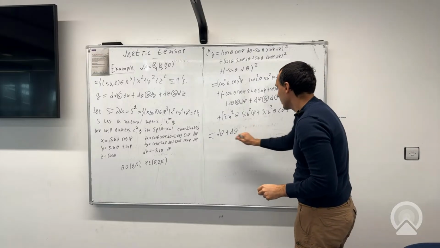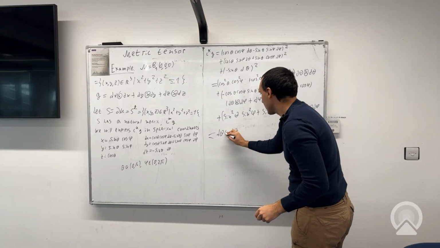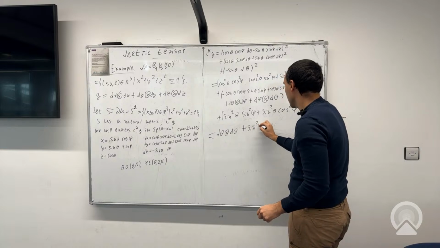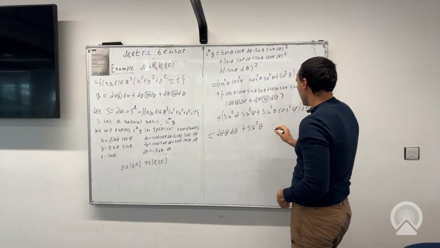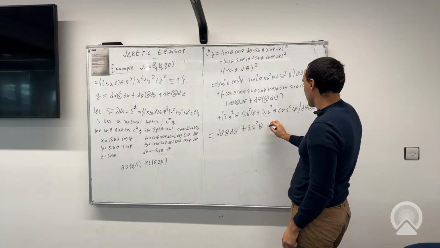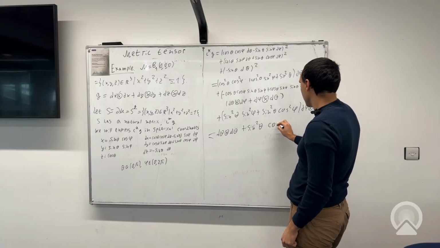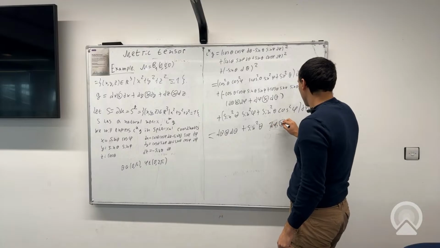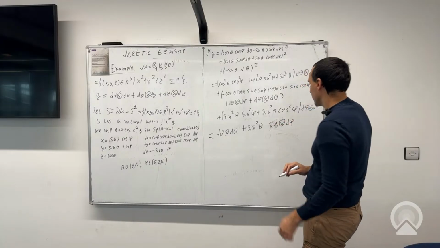So we have plus sine squared theta d phi wedge d phi.